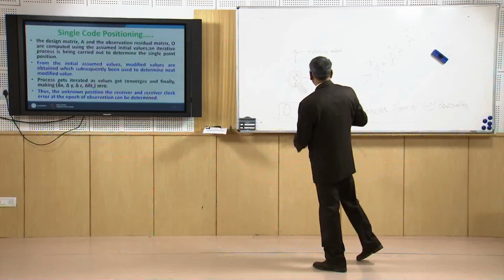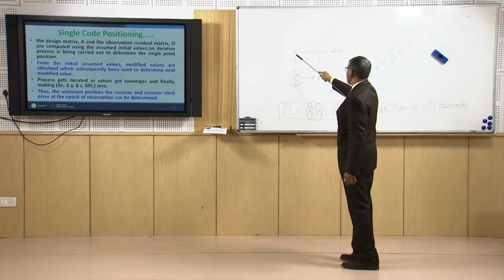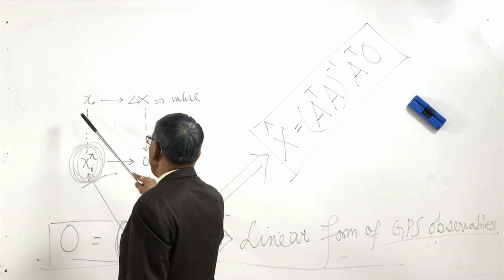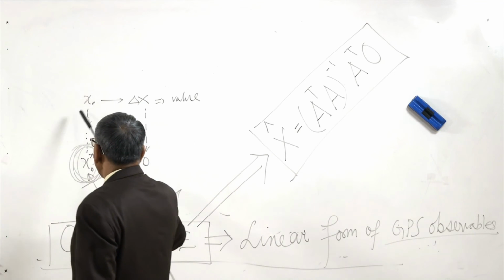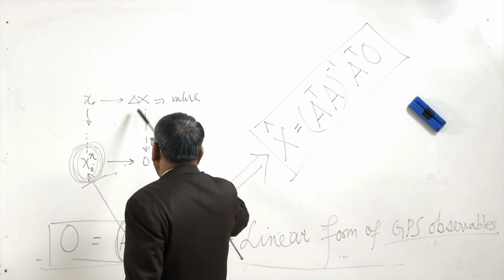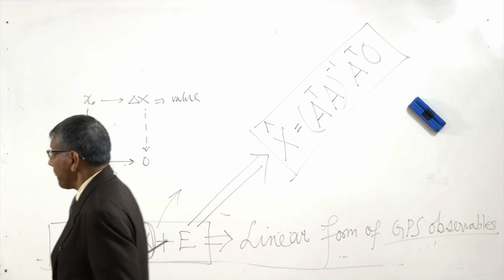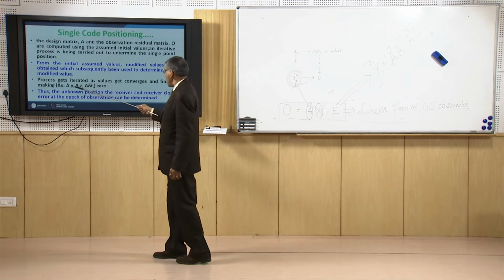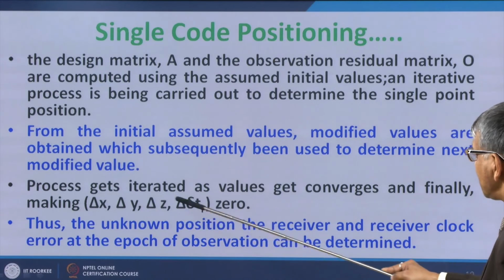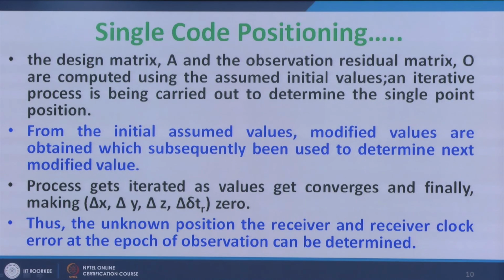We assume some value, get some value of del x, and then change this value in such a way that del x goes on decreasing. The process is iterated as the values converge, finally making del x, del y, del z, del t zero.